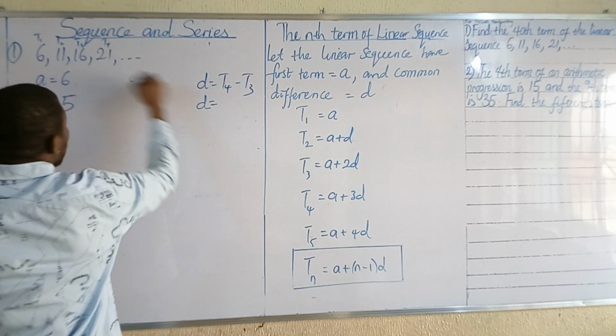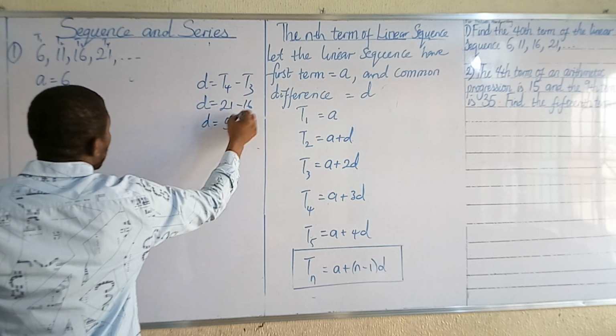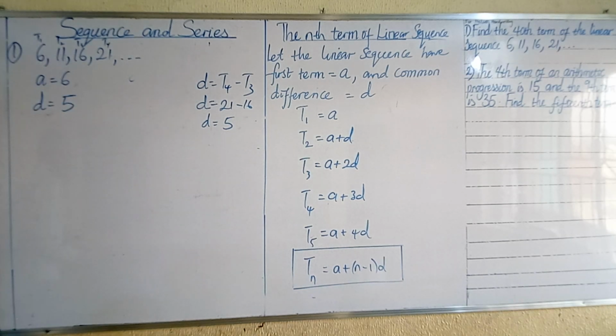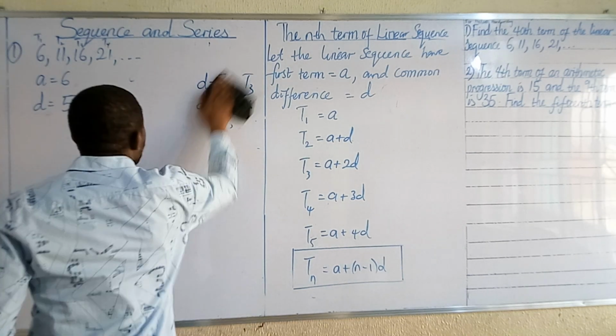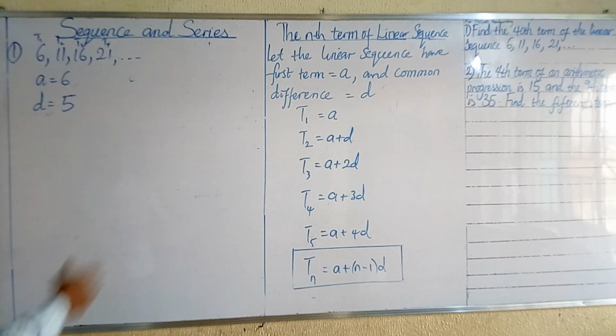And our T4 is 21 minus 16. So the common difference is still 5. Good. So there are various ways of getting the common difference. But these are the parameters that I need to solve question number 1, which says find the 40th term of the linear sequence 6, 11, 16, 21.